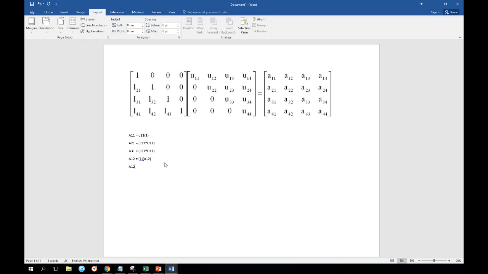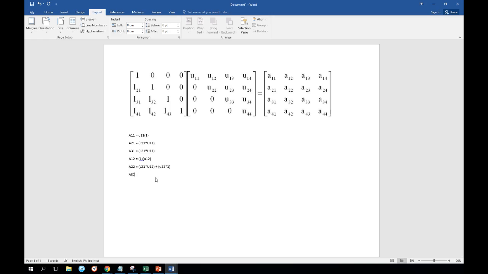Next, let's do A22 first. For the A22, this is row column, so you have to multiply the second row by the second column. So here, you would multiply L21 by U12 added to U22 times 1. And again, the next term is 0, so we're not adding anything else.